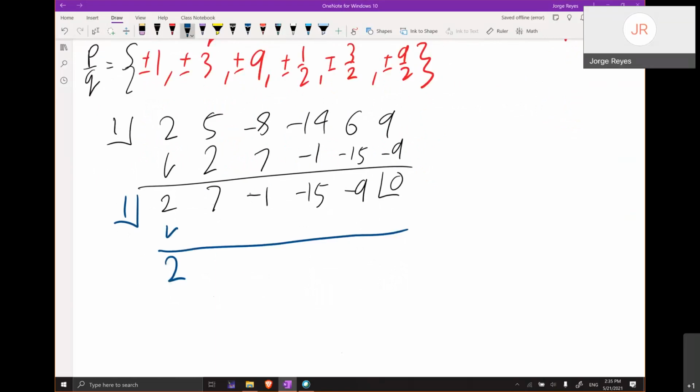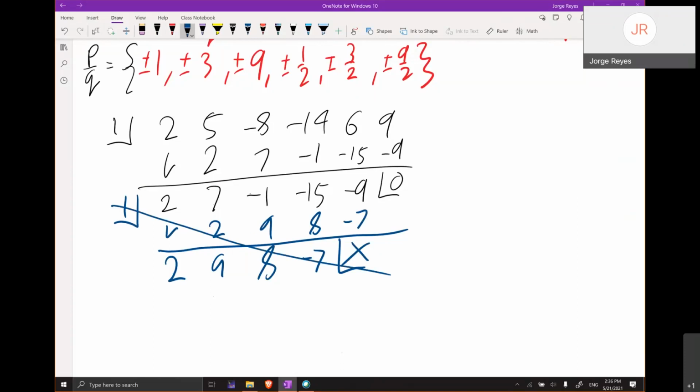So 2, 9, 8, then 7, negative 7, which means this is not 0. So 1 is only a 0 once.